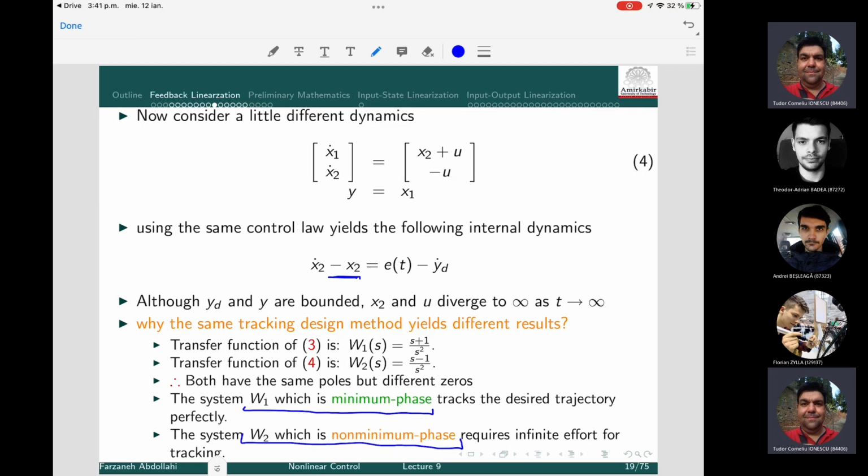If you remember, you have seen this throughout these four years of control studies in this faculty, in this department. You have had courses of control engineering, control practice, and so on. Even with the PID controller, it is very bad when you have unstable zeros, when you have non-minimum phase.